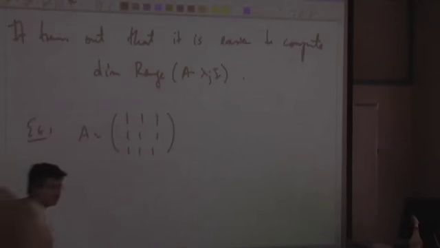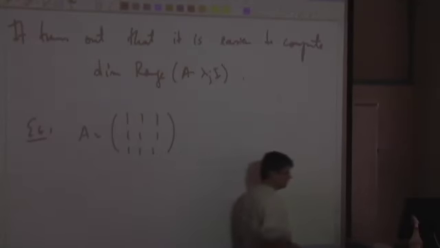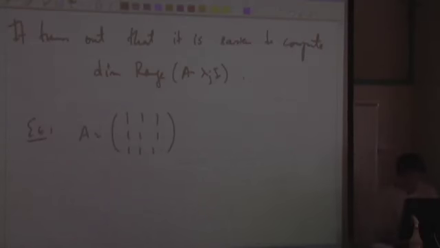Take this matrix, and if you compute the eigenvalues, you end up with, what is it, lambda squared times lambda minus 1, something like that. So it means that lambda 1 is 0 with multiplicity 2 and lambda 2 is 1 with multiplicity 1. Okay?